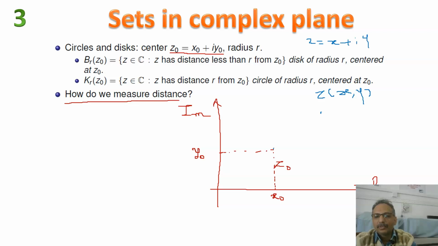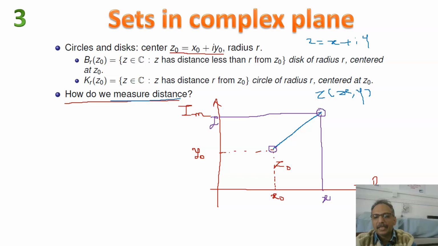Now this point z is at some distance from z0, and we are interested in measuring that distance. One coordinate is x and the other coordinate in the same fashion we can write as y. Now I am interested in the distance between this point and this point.